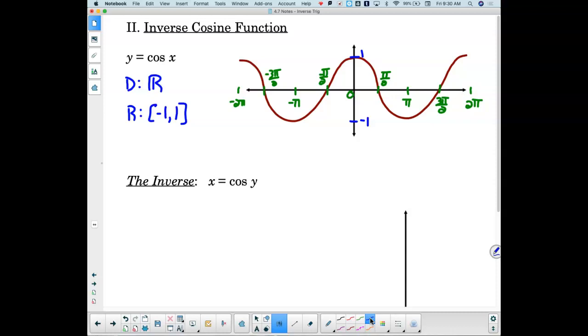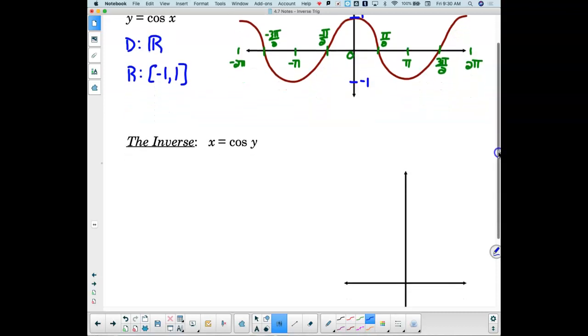Okay? Let's flip it on its side. Let's invert that thing. So if I inverse cosine, refresh my memory, how do we inverse stuff? Switch x and y. So my x's on regular cosine become the y's on inverse cosine. My y's on regular become x's on the other one.